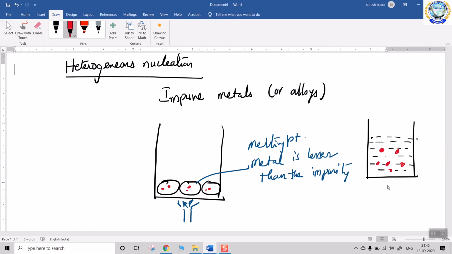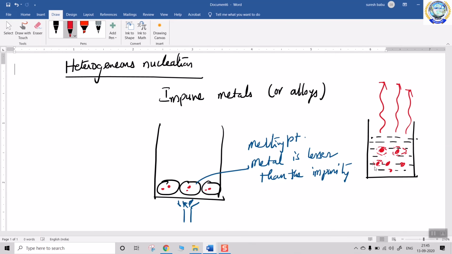So, whenever you leave this metal in air to cool, it will lose its heat energy. Whenever this liquid wants to solidify, there are already solid particles present in the solution. So, automatically what happens? The solidification process starts on these impure particles.